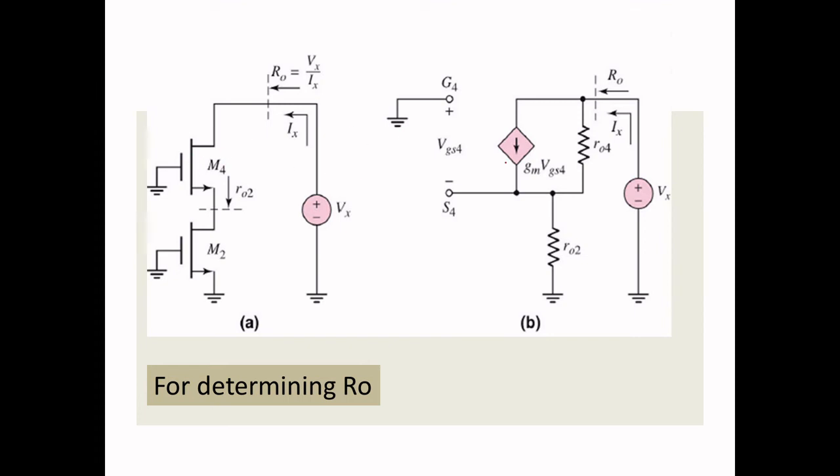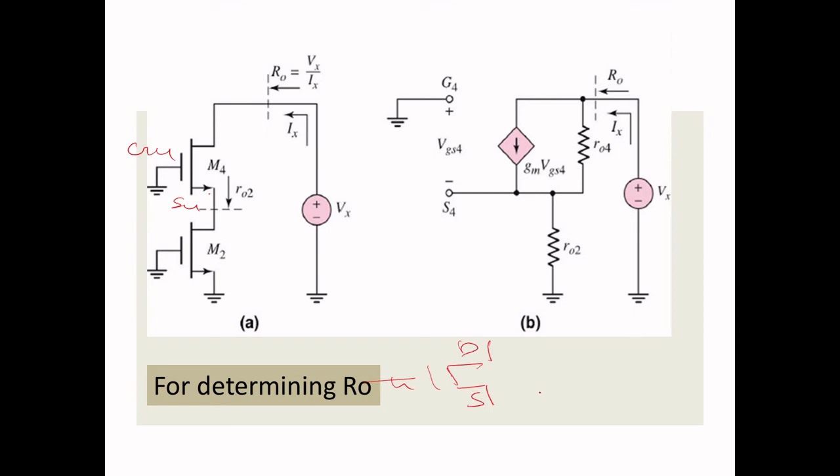When you draw the equivalent circuit, you will have your G4 and here the S4. First, let me draw for a normal MOSFET: gate, drain, source.